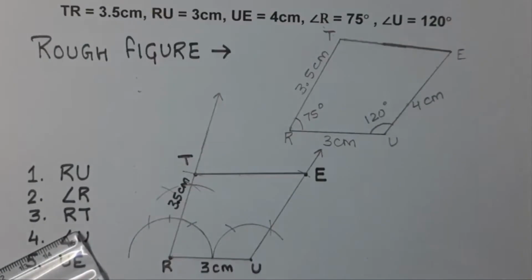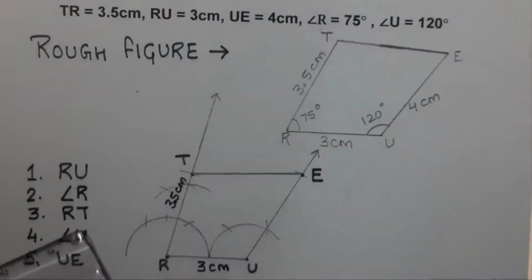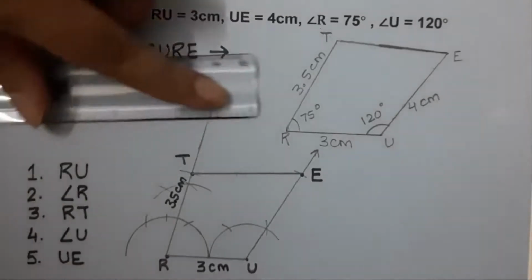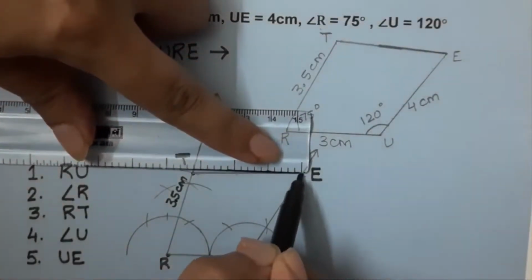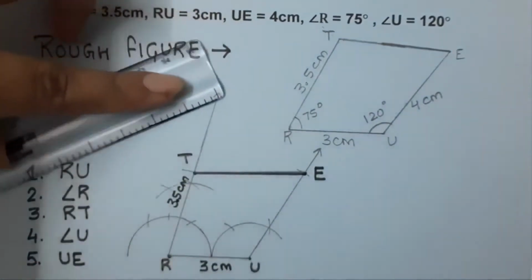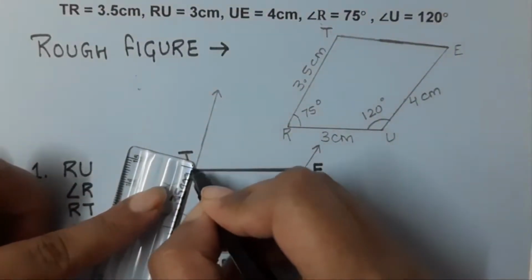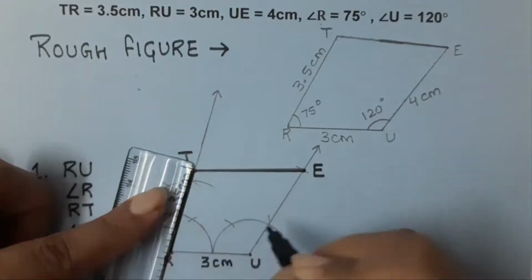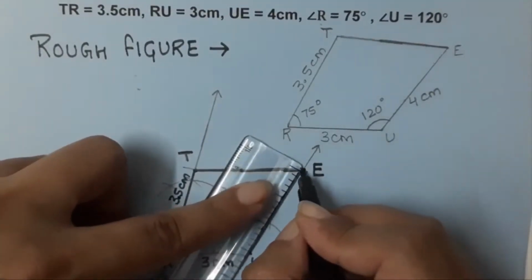Okay, now we can simply highlight it with a sketch pen so that it is clearly visible to us what is the quadrilateral that we have constructed.